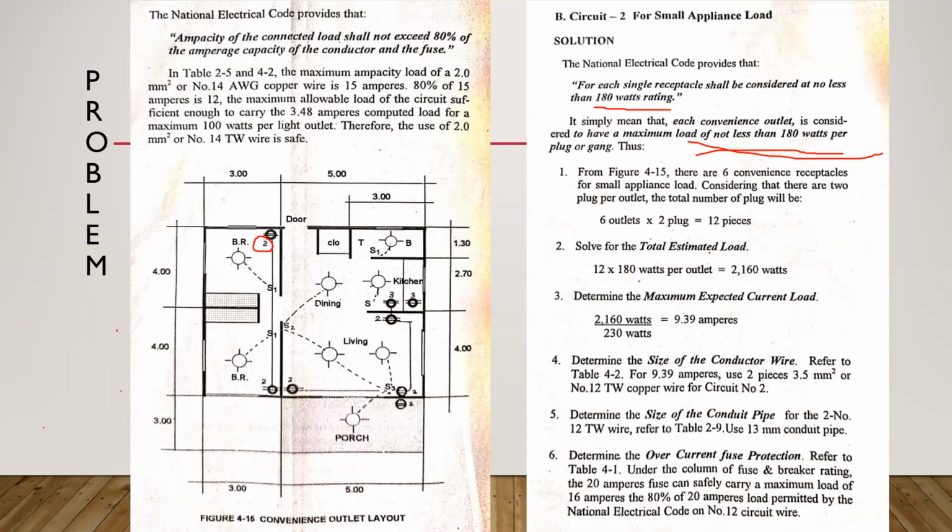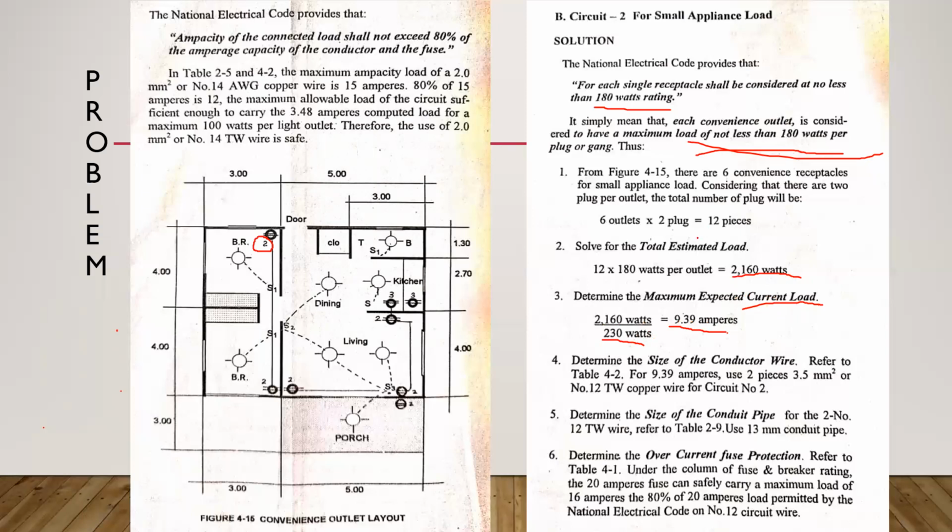So for the total estimated load for our convenience outlet, we have 2,160 watts. So determine natin ang kanyang current load. I-divide na natin siya sa ating type of service for this particular sample, 30 ang ginamit. So may value tayo na 9.39 amperes for the value ng current load niya. So 9.38 amperes.